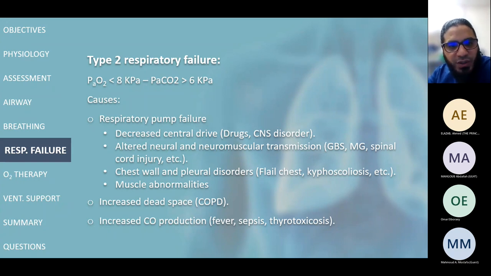The last cause is not a direct cause of type 2 respiratory failure, it's just increased production in comparison to the clearance. Increased production alone is very unlikely to cause type 2 respiratory failure, and the body can easily compensate for that. But if the compensatory mechanisms are defective, this can lead to type 2 respiratory failure.